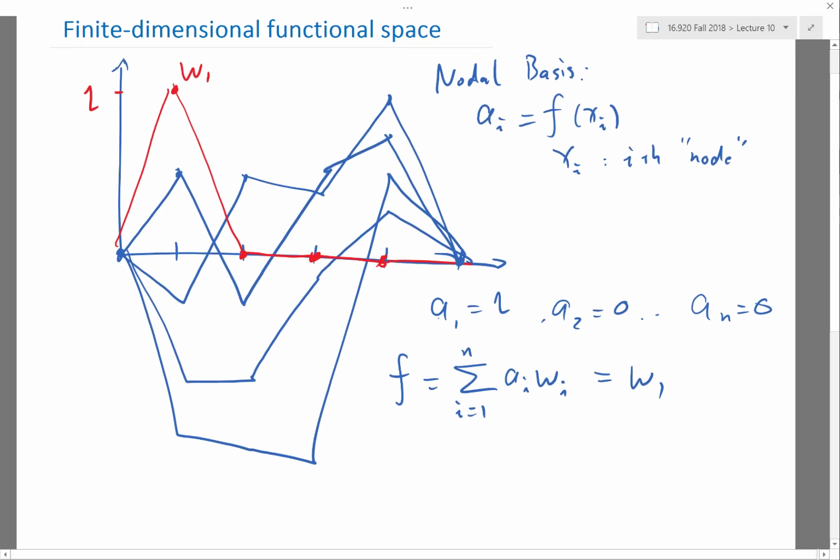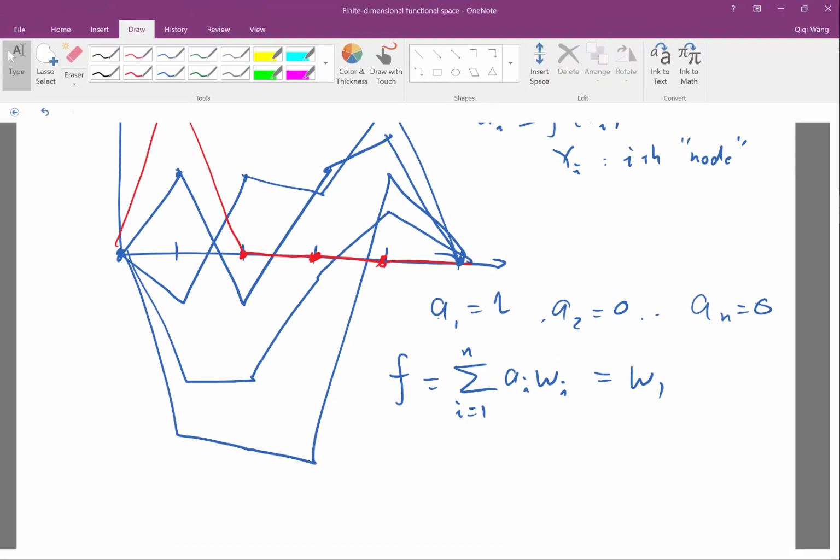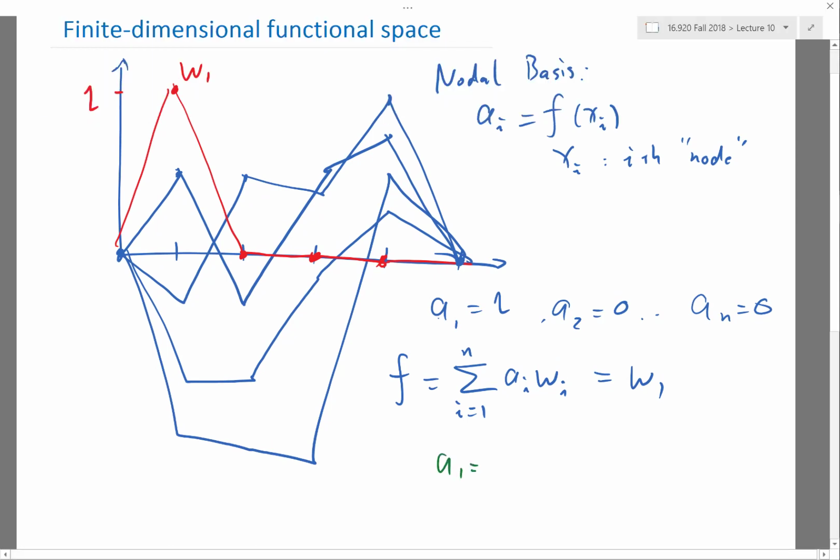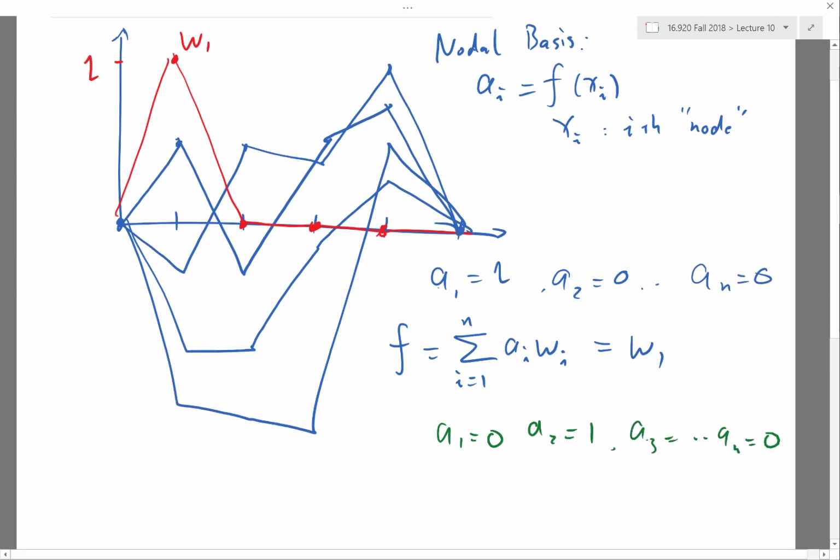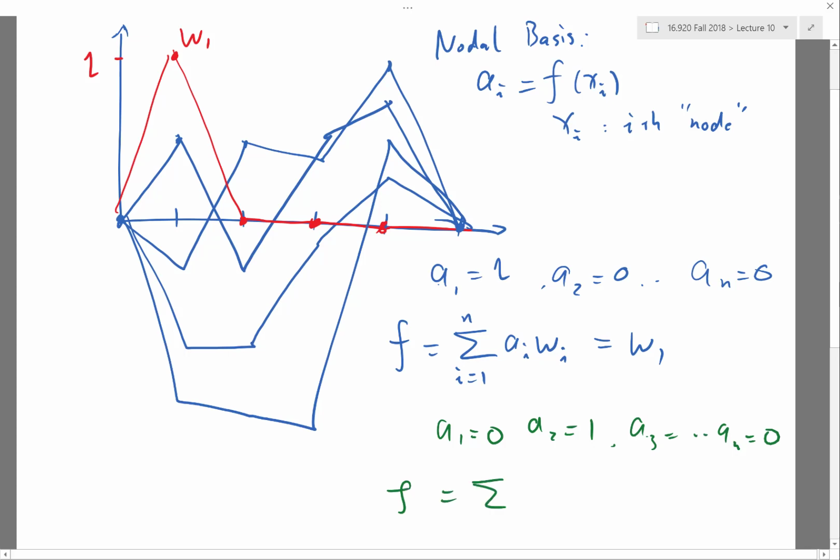Okay, so again, let me set A1 equal to 0, A2 equal to 1, and A3 etc. equal to 0. Then my f, the linear combination of Ai Wi, is equal to W2, right? So that way I figure out what W2 is.